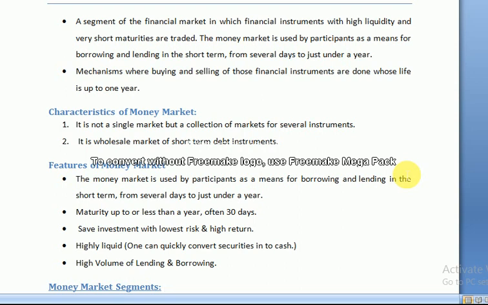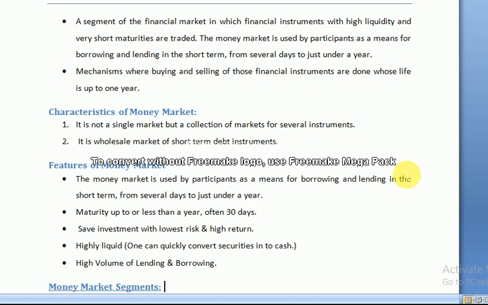This is another feature of the money markets, dear students: generally the transactions take place through phone calls, or oral communication. Relevant documents and written communication can be exchanged subsequently.